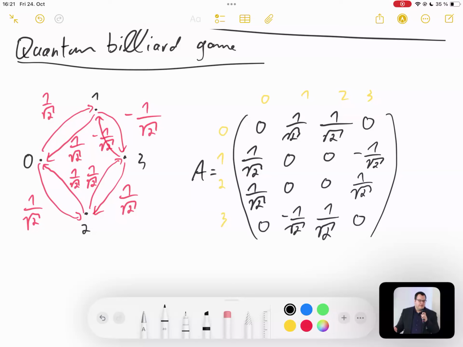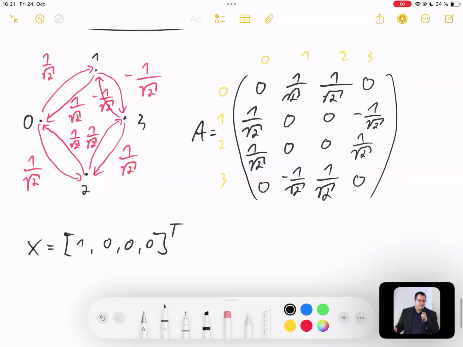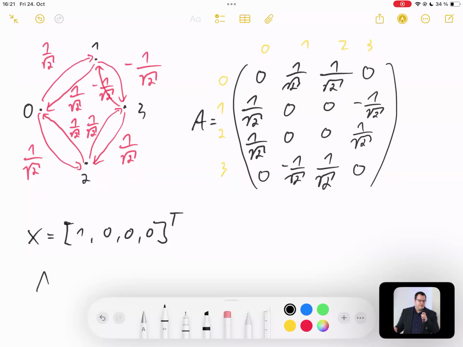Now, what you will see is if you take a start state x, which is again 1, 0, 0, 0, transpose, and you multiply A times x, what happens?